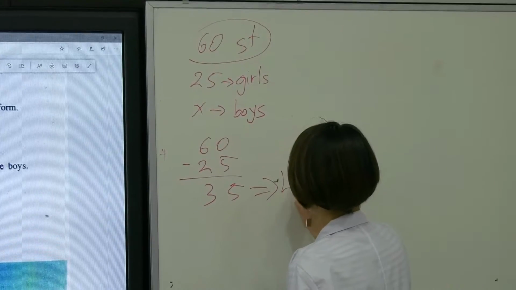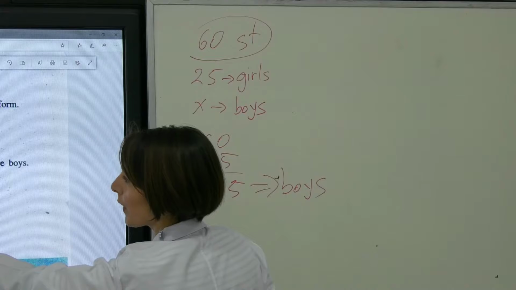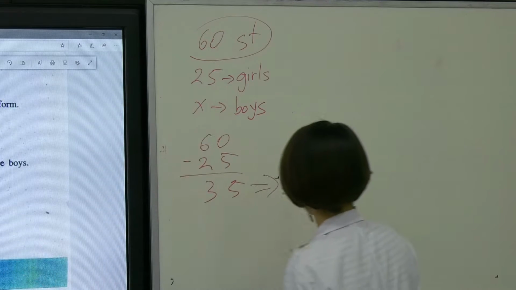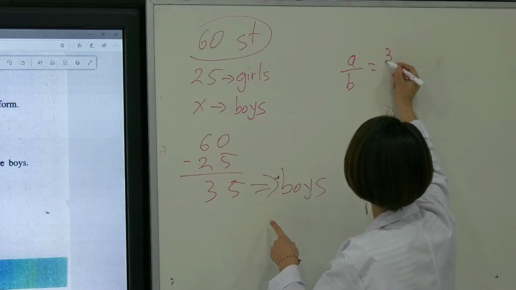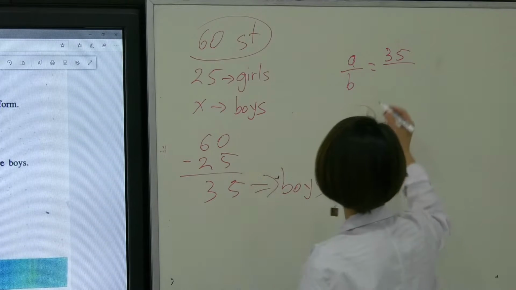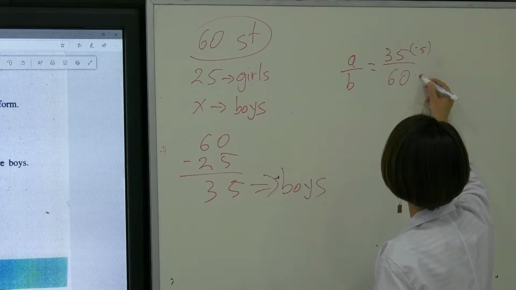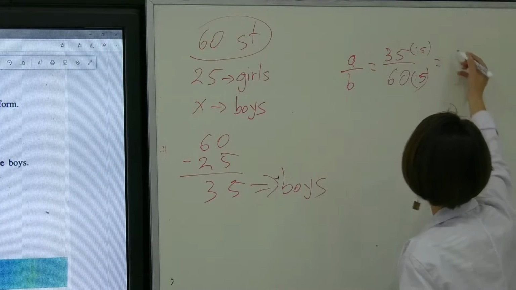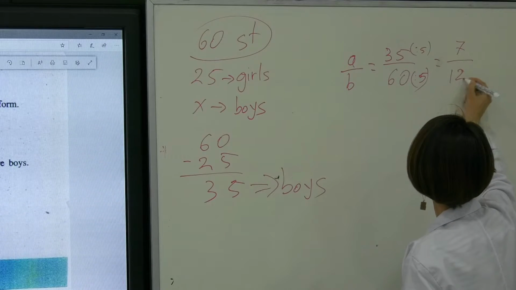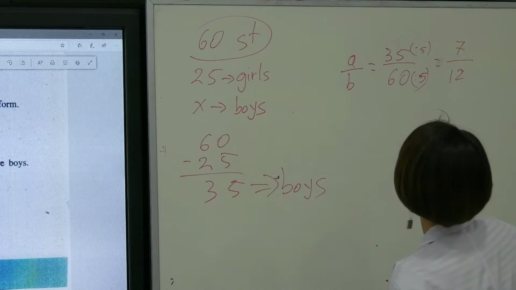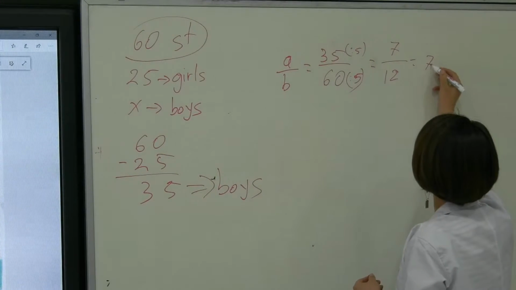So I have 35 boys. So the ratio of boys to the total students is going to be 35 boys over the total 60, divided by 5, because I want to simplify here. It's going to be 7 over 12, right?